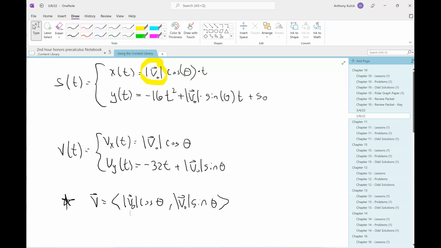So let's do an example here and see how this differs.